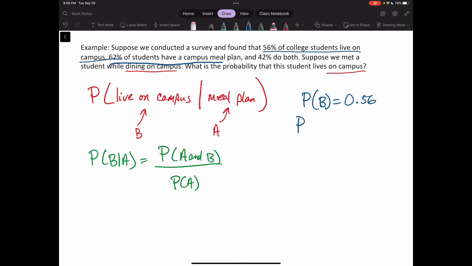Well, what is meal plan? Meal plan is event A, so the probability of A is 0.62. And lastly, 42% have both. So that is the probability of A and B. So it's very important that we label these events correctly because some of this information we don't need, right?